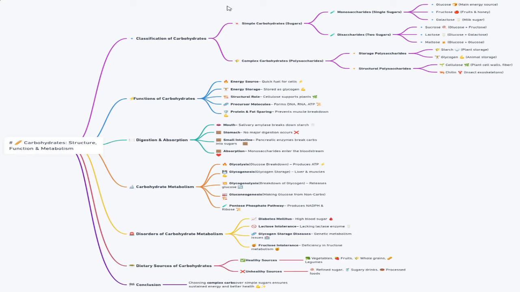The number of monosaccharide units is 50 to 5,000. Amylopectin is also a homopolysaccharide. You have alpha-1,4 glycosidic bonds with alpha-1,6 branches every 24 to 30 residues, and the number of monosaccharide units is up to 10 raised to the power 10.